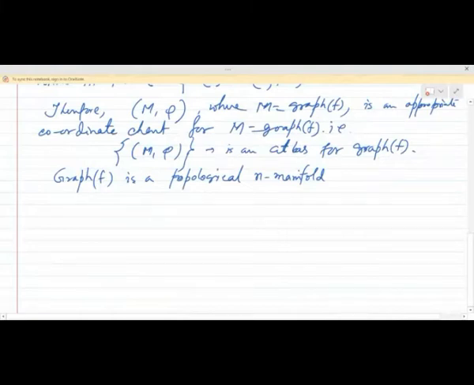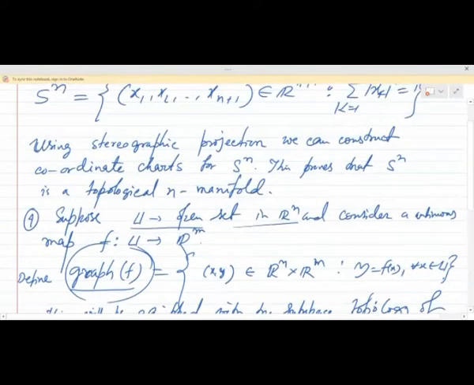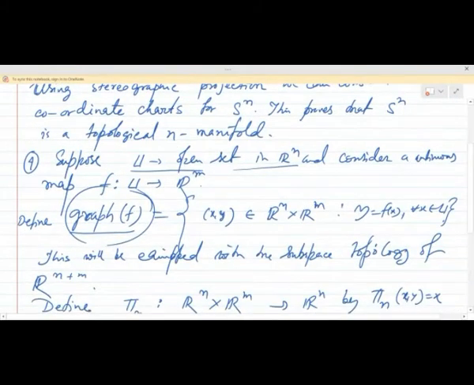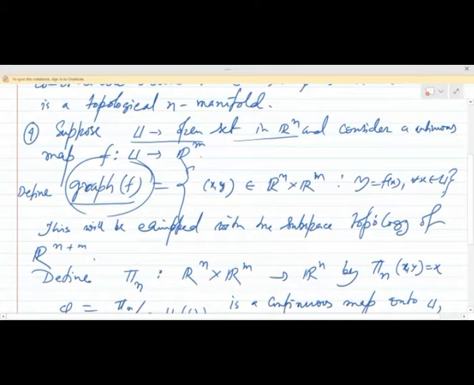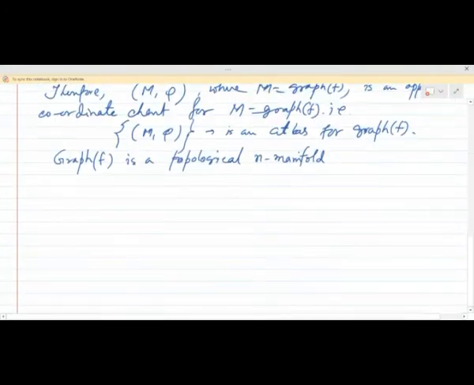So consider any open set in Rn, and if you can define a continuous map from that open set to any other Euclidean space Rm, then you can easily construct a topological n manifold using the graph of the function f. In this way, you can generate more and more examples of topological n manifolds.